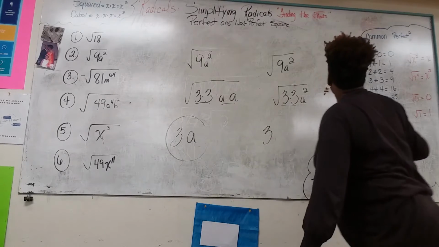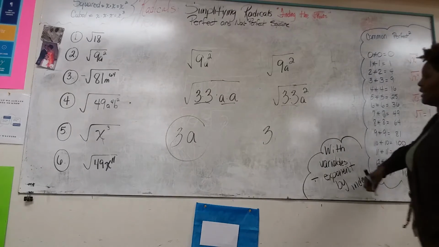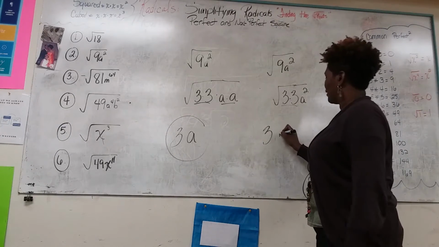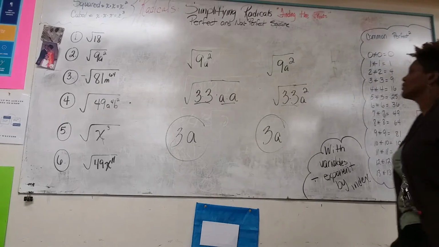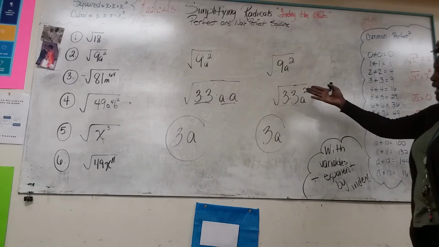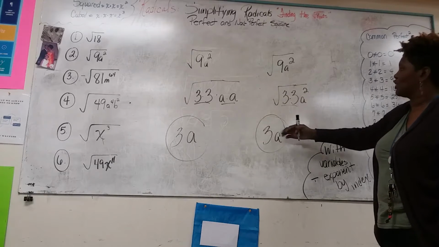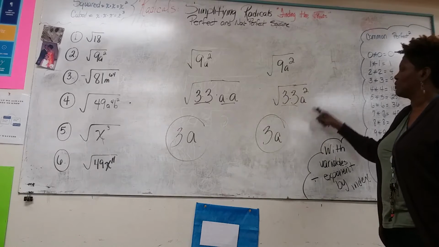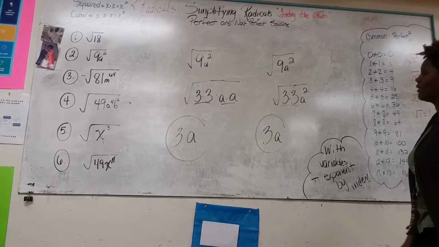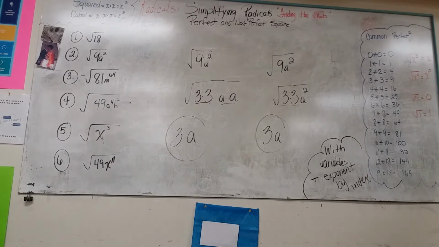A squared, divide by my index. Since I don't see a number right there, that means that my index is 2. 2 divided by 2 gives me 1, which gives me a. Okay? Either way you want to work it is fine.